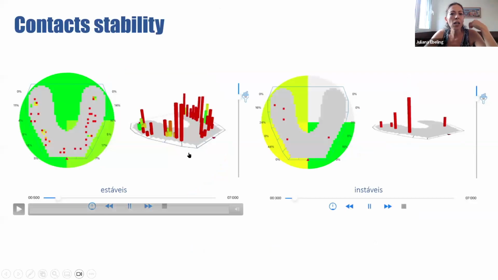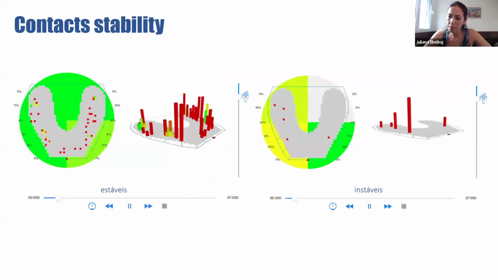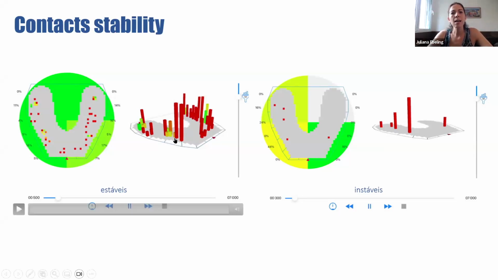And another thing that I must have in mind is that sometimes colleagues tell me, I cannot reproduce the same contacts with some patients. Sometimes I make the registration and I register a pattern of contacts and then another pattern, and maybe this can represent that this occlusion is not stable.